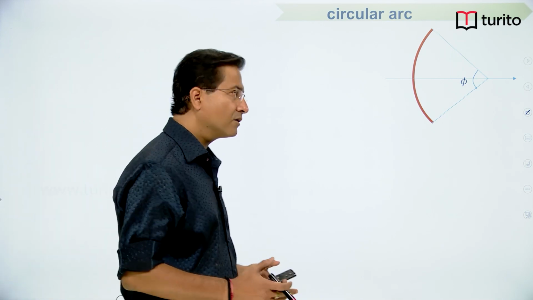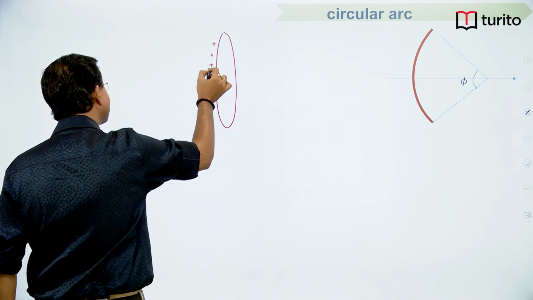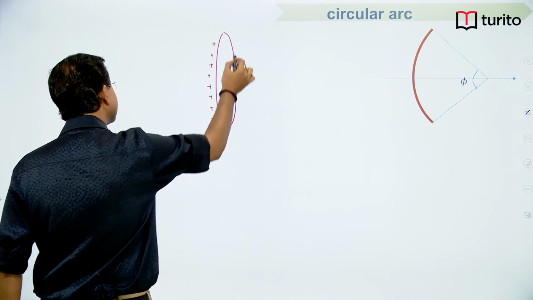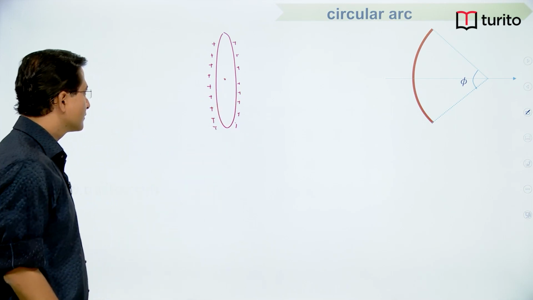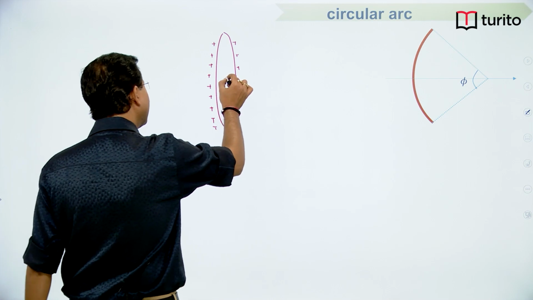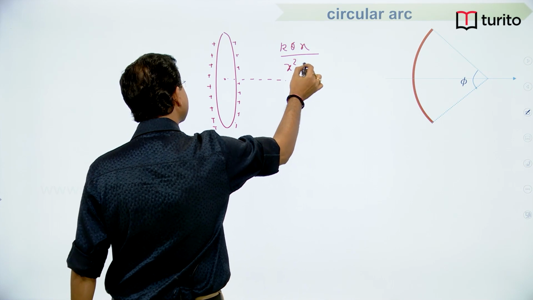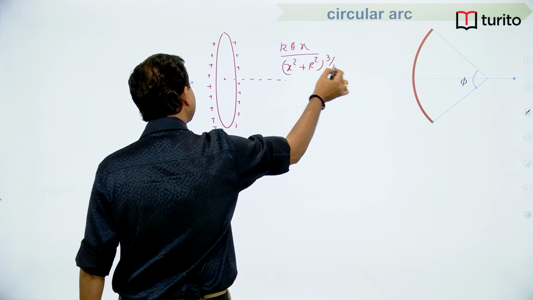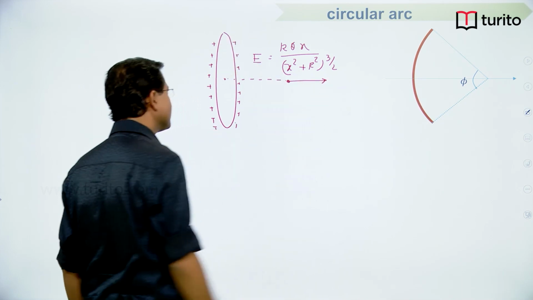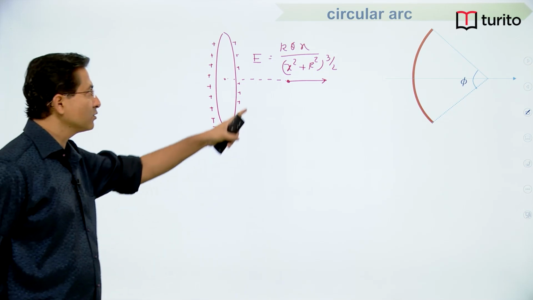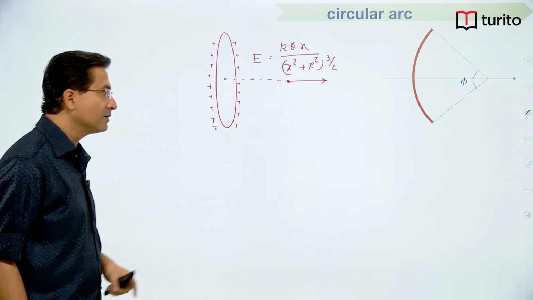So, we have just derived the result of the ring, right. At distance x, the formula is kqx divided by (x square plus r square) to the power 3 by 2, and the direction of field for positive charge is away from the distribution. If I substitute x equal to 0 here, this whole expression will become 0, we have just seen the variation.